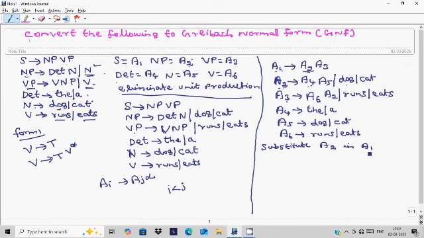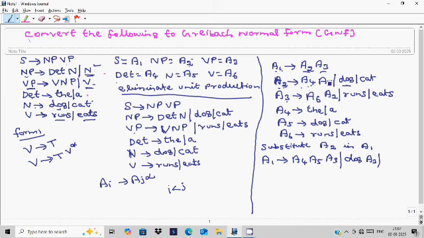When we substitute A2 in A1, we will rewrite the productions. A1 tends to, so A2 can be replaced by A4 A5, and already A3 is here, isn't it? So this A3 stays in the same position. Now A2 has one more production. What is the one more production? A2 can also be replaced by dog. That means if I replace A2 with dog, this will become dog A3.